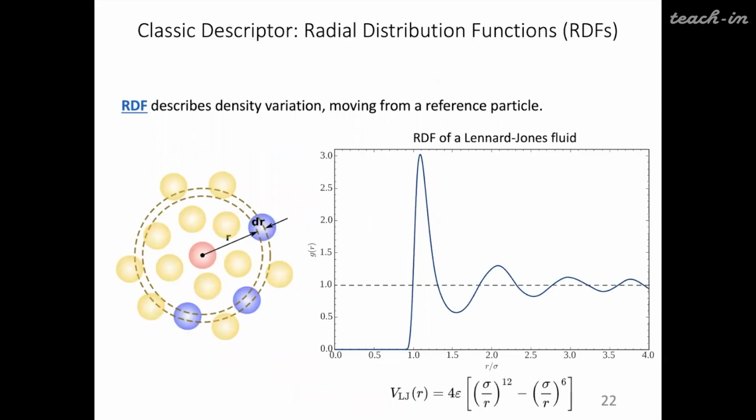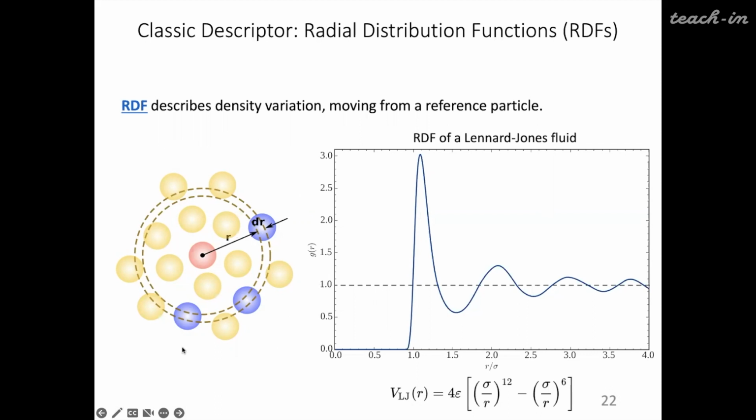There are other descriptors that can be used to represent structures of condensed matter on the atomic and molecular level. One of the classic descriptors is the radial distribution function. Such a function basically gives us the density variation on moving from a reference particle.